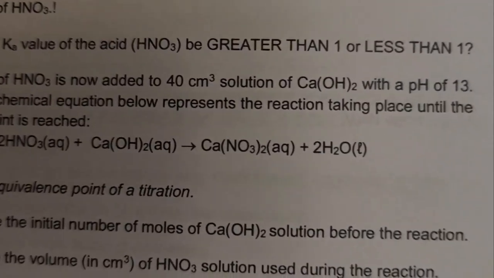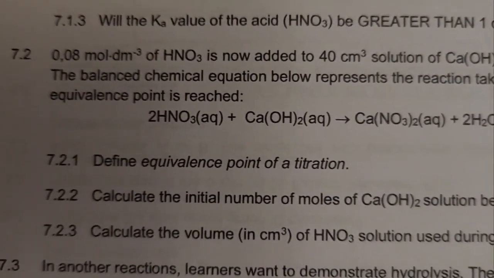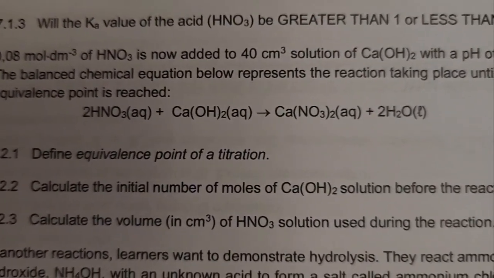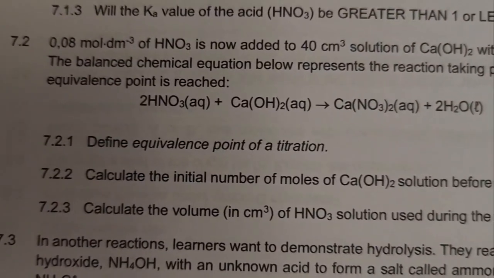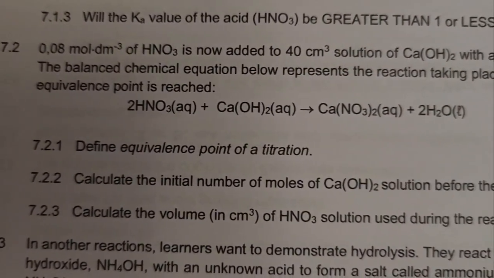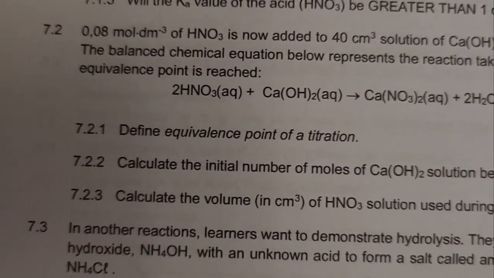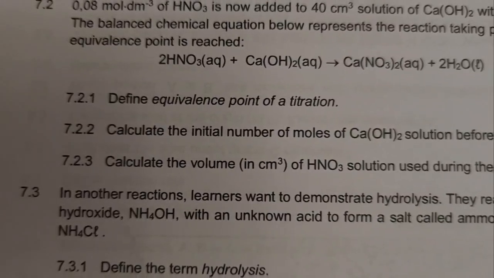Therefore, we'll have to find the concentration of calcium hydroxide with that pH. Then the balanced chemical equation below represents the reaction taking place until the equivalence point. Remember, what is the equivalence point and what is the end point? Hope you know the difference. This is the equation. First question, define the equivalence point.